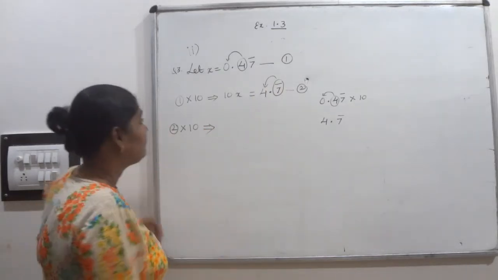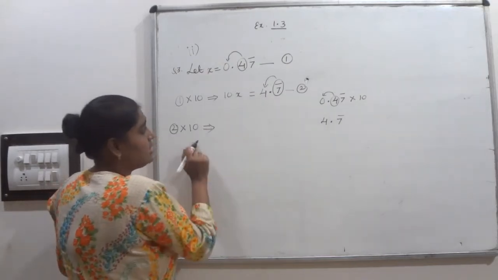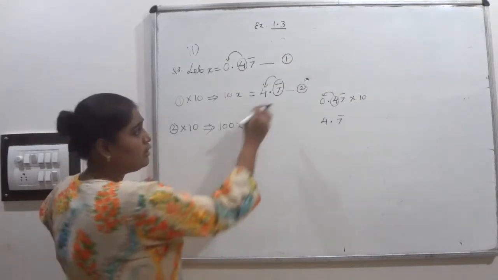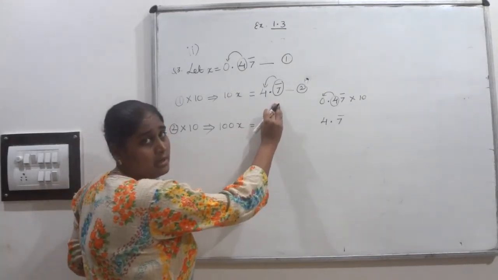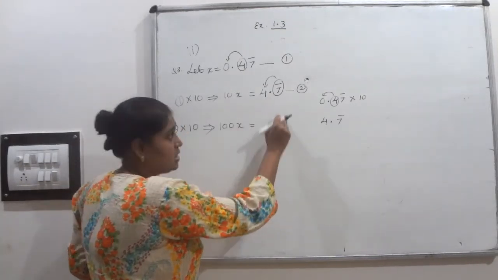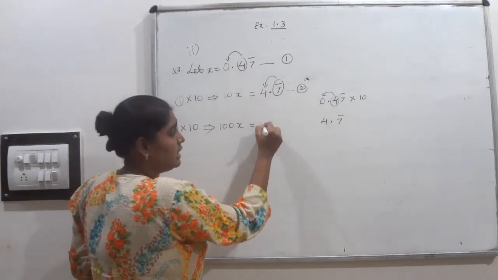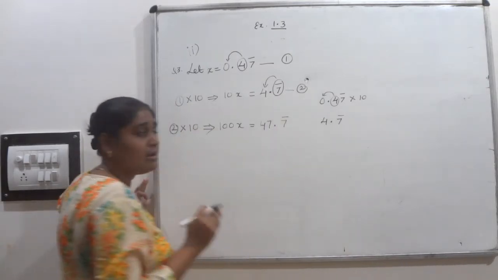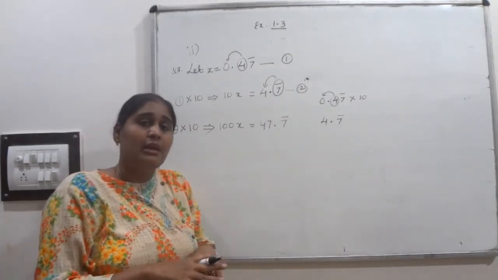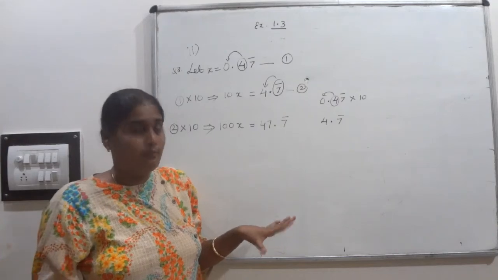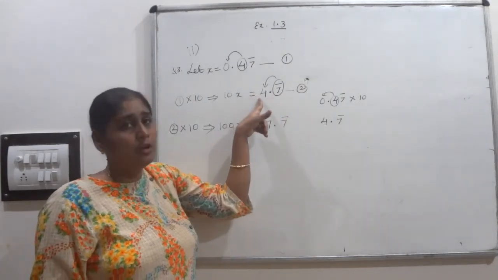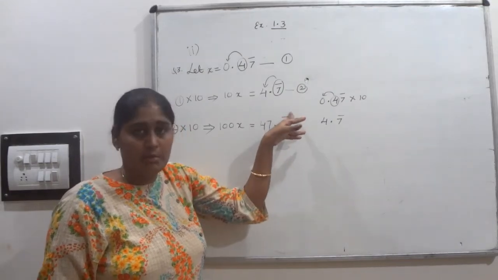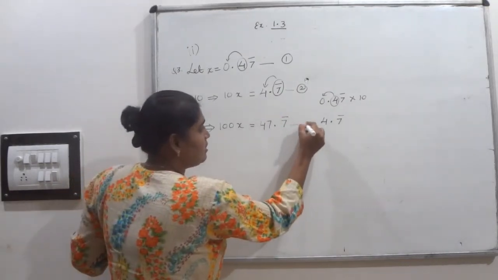So 10x into 10 is 100x, equal to 4.7 bar multiplied by 10. The 7 is shifted, giving 47.7 bar. Inside the 7 bar, many 7s are there, and only one 7 is shifted to the whole number side, so the rest of the 7s remain. That's why I put 7 bar. This is equation number 3.